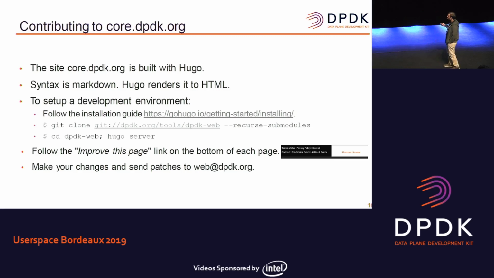Hugo server will run a server on localhost that will re-render the files each time you make a change. You can also follow the "improve this page" link on any page on the website, which will redirect you to the file that has the content of that page. You can then make your changes and send patches to web@dpdk.org.